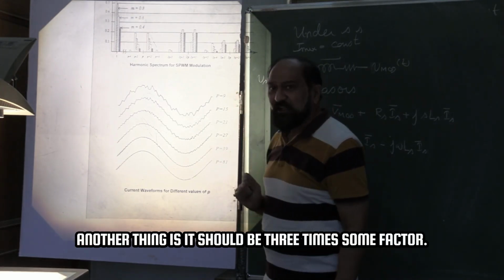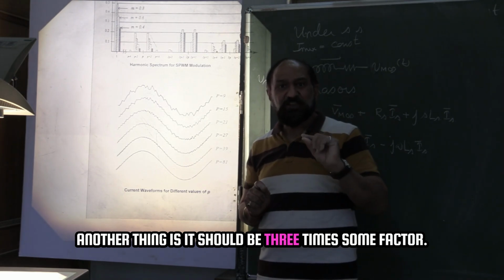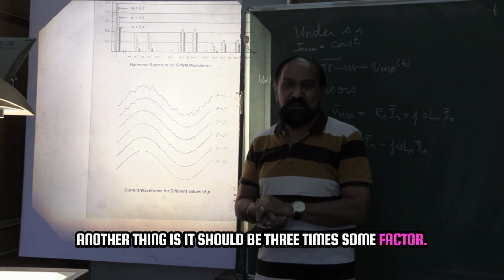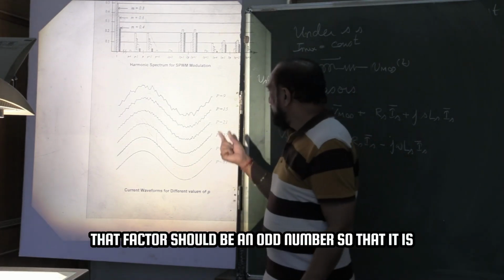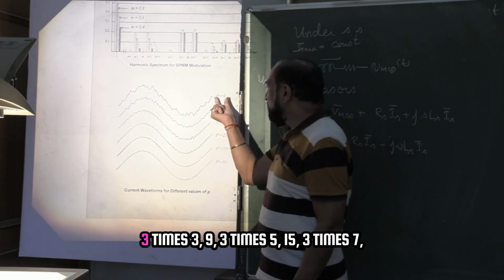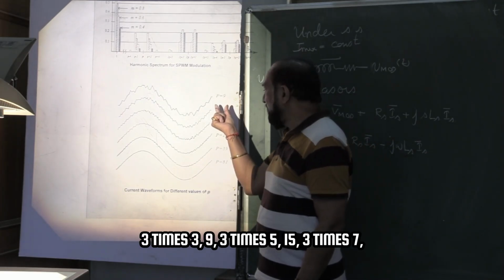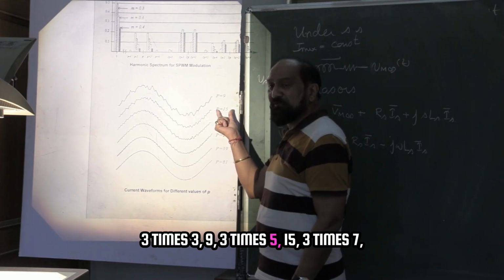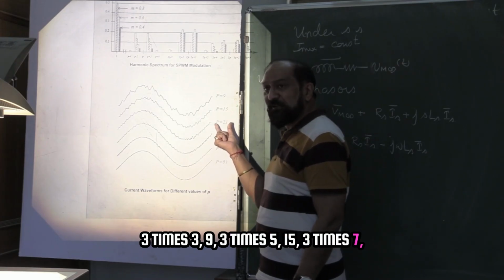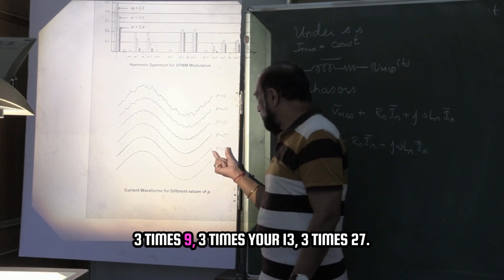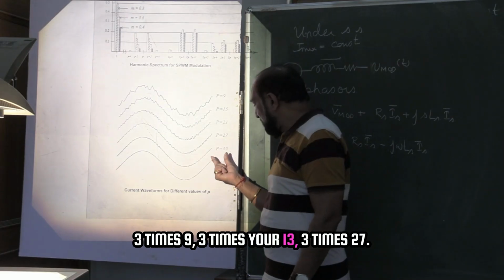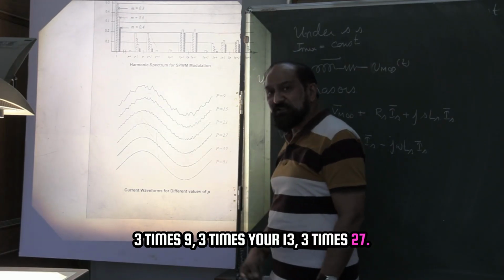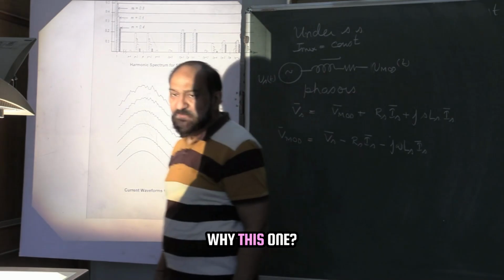Another thing is, it should be 3 times some factor, and that factor should be an odd number: 3 times 3 is 9, 3 times 5 is 15, 3 times 7, 3 times 9, 3 times 13, 3 times 27. Why this?